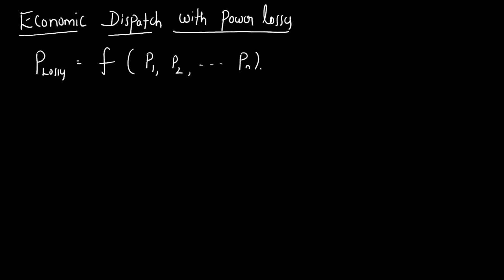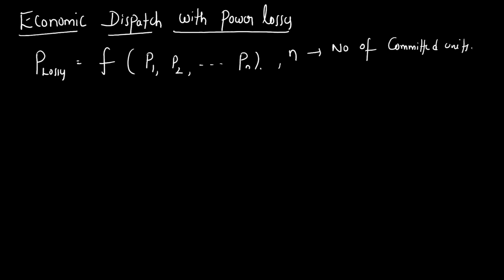The total transmission losses that occur in the system, if you compute, it is a function of all the power generated by the all n committed units, where n is the number of committed units which are obtained after solving unit commitment problem.